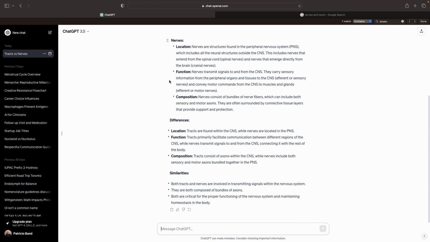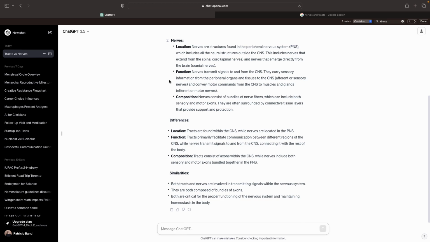So nerves are attached to your PNS, and the function: tracts primarily facilitate communication between different regions of the CNS, but nerves transmit signals from the CNS, into the CNS, connecting it with the rest of the body.